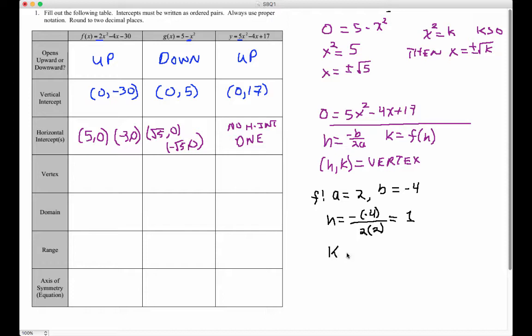And then k is going to be equal to f of 1, which in our particular case is going to be equal to 2 times 1 squared minus 4 times 1 minus 30. And if we simplify all that arithmetic, we get back out -32. So that tells me that the ordered pair (h, k) for the first one is going to be (1, -32).